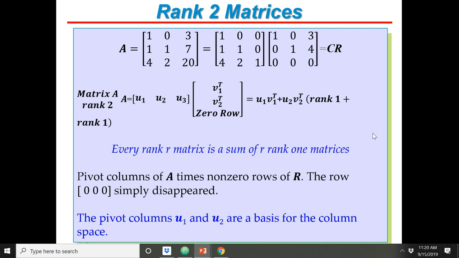Again, this is an amazing result, and I hope you can appreciate the significance of rank 1 matrices. Lots of algorithms use this type of decomposition of a general matrix with rank R into the sum of R matrices of rank 1.